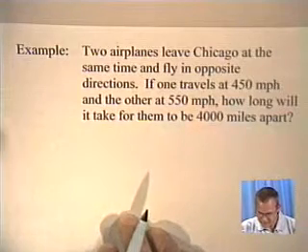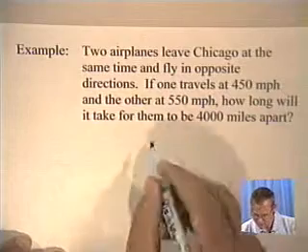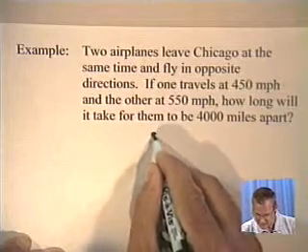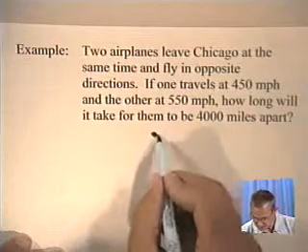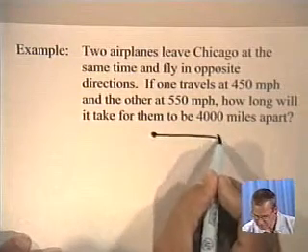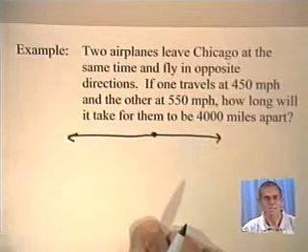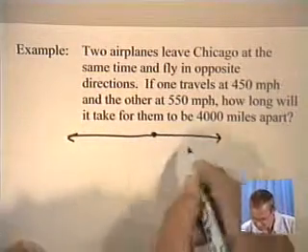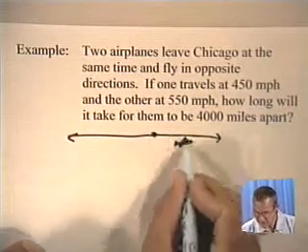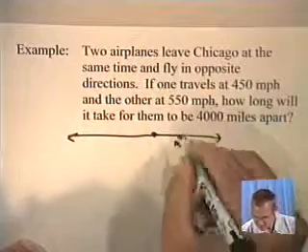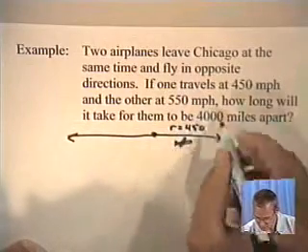Well, let's try to represent this word problem with a picture of some sort. So let's say that this dot represents Chicago, and we have one airplane going one direction, the other going the opposite. Now let's label a little bit here. Let's draw a little airplane. So I've got one airplane going this way. Let's say that this airplane's rate is 450 miles per hour.